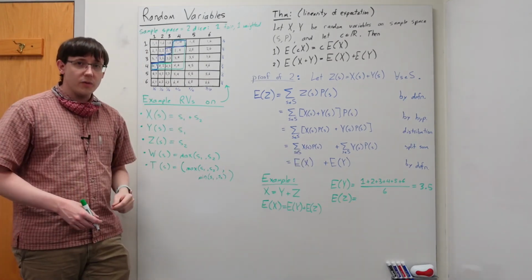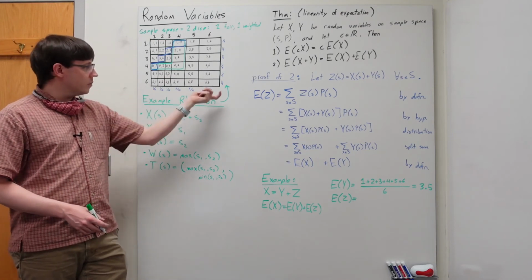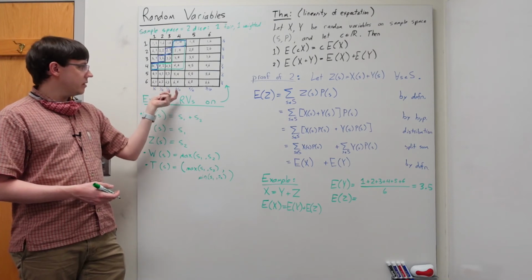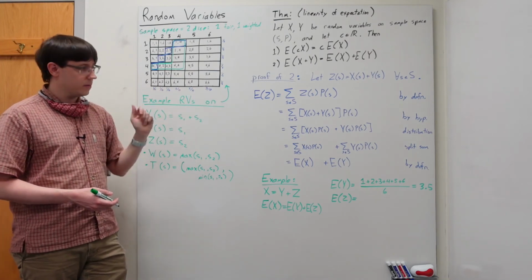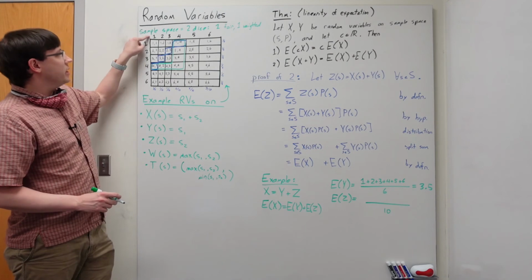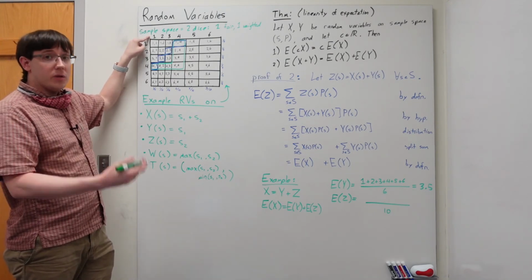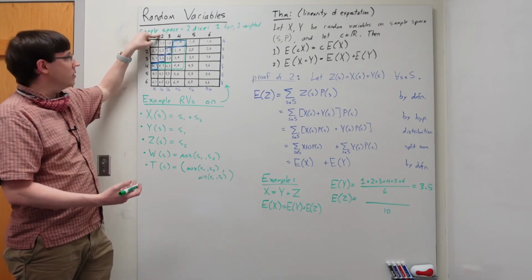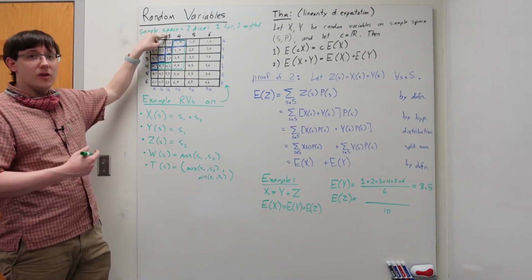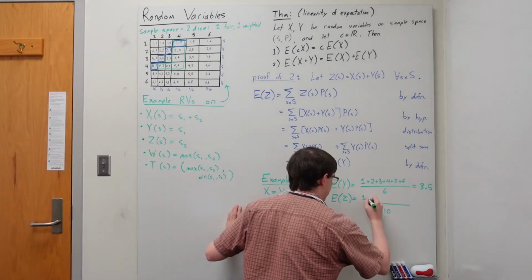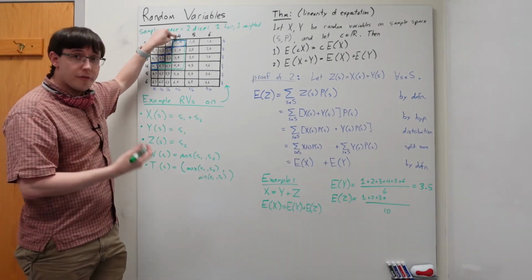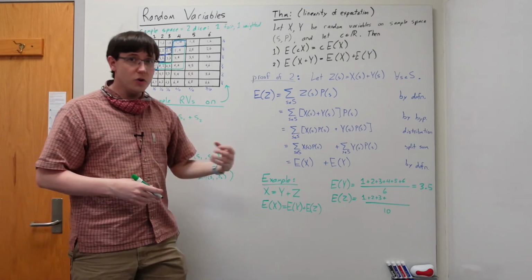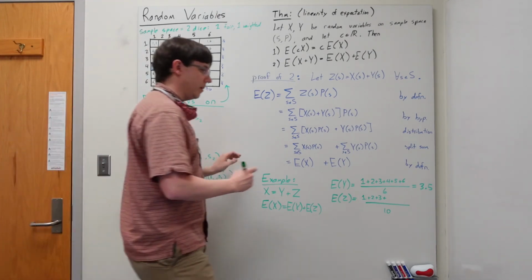For z, the events that we are summing over correspond to the columns, which have probabilities of 1/10, 1/10, 1/10, 2/10, 2/10, 3/10. And so value 1 happens with probability 1/10, value 2 happens with probability 1/10, value 3 has probability 1/10, but the value 4 has probability 2/10, so we have 2/10 times 4 in our sum.